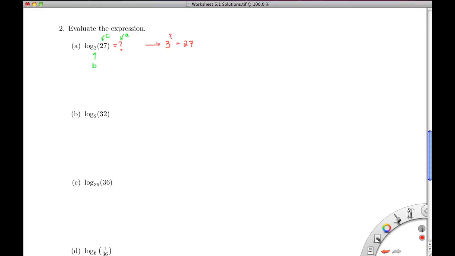Well, let's think about 27. We want to think of 27, if we can write it as 3 to the power of something, as a base of 3, or maybe some sort of multiple of 3's. Well, 27 is pretty convenient for us. That's going to be equal to 3 times 3. So 3 times 3 is 9. If we multiplied it by 3 again, that would definitely give us 27. So 27 can be thought of as 3 cubed.